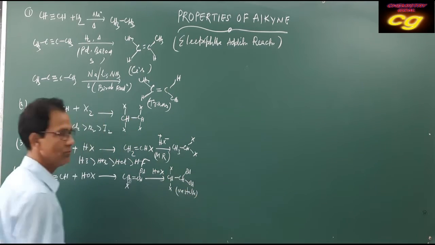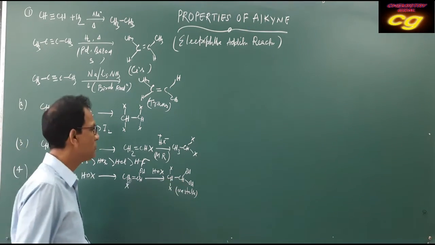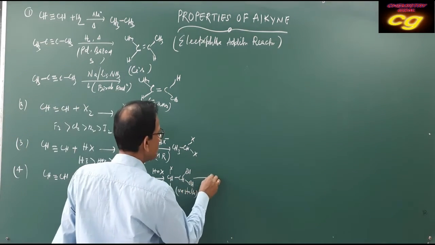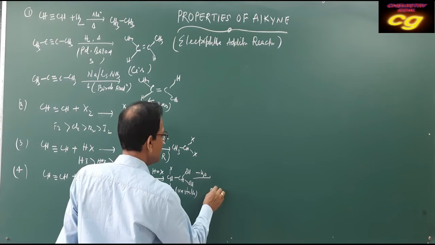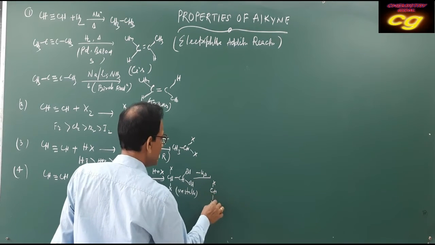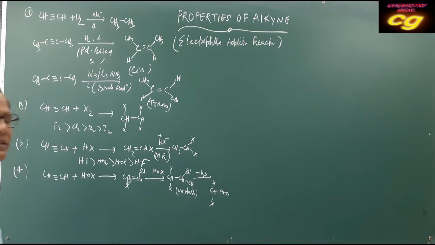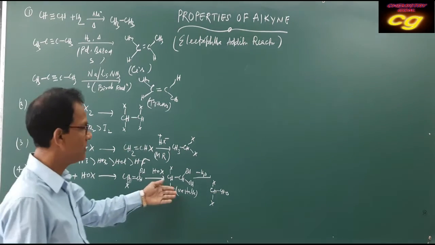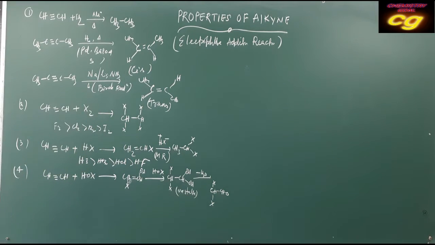It is unstable because two hydroxy groups cannot be attached to the same carbon due to repulsion. So it loses a water molecule, forming CHX2-CHO, that is, a dihalogen derivative of aldehyde will form. Aldehyde or ketone formation depends upon the structure.